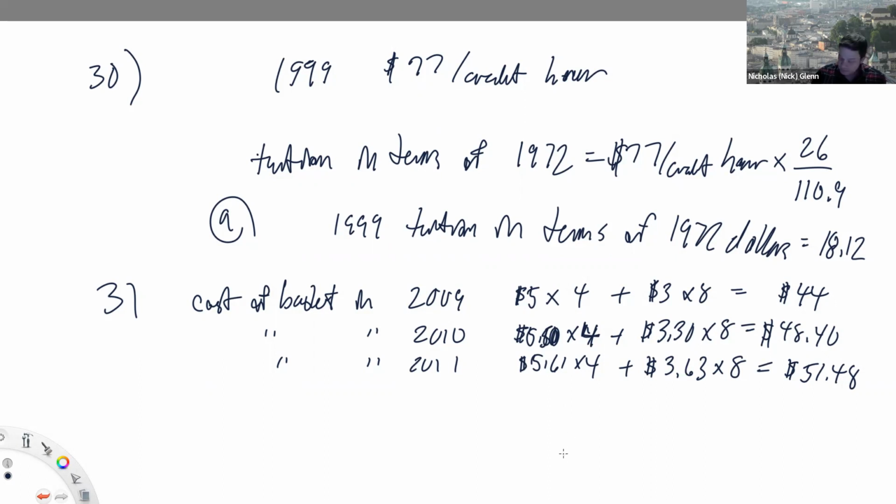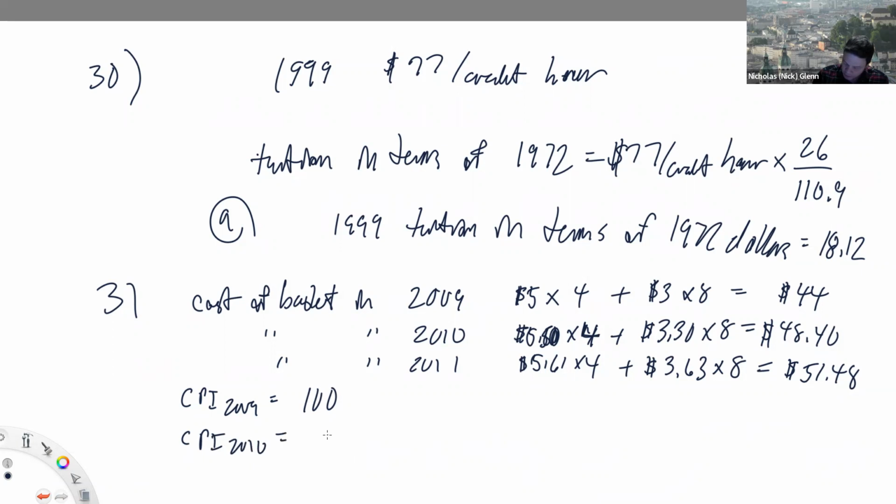All right, so now we want to determine the CPI. Well, the base year, we're using 2009. So CPI 2009, we're going to say that is 100. It's always 100 for the base year. What about the CPI for 2010?